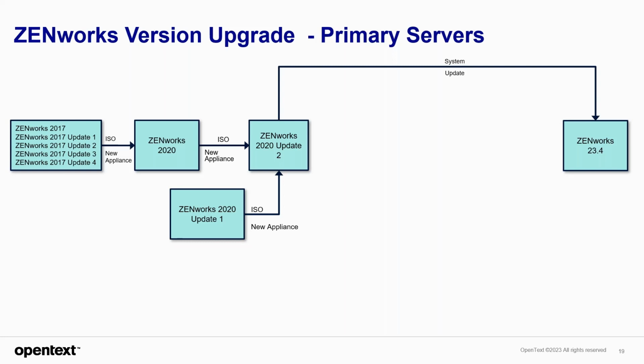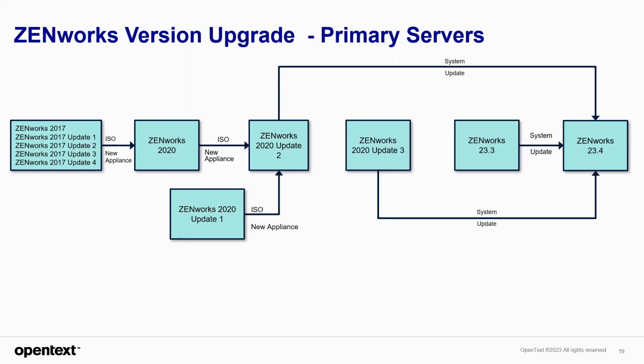Once your primary servers are on ZENworks 2020 Update 2, you can directly do a system update to come to the latest version, ZENworks 23.4. The same is applicable if you are already on ZENworks 2020 Update 3 or ZENworks 23.3. If required, you can always move to ZENworks 2020 Update 3 or ZENworks 23.3 via system update.